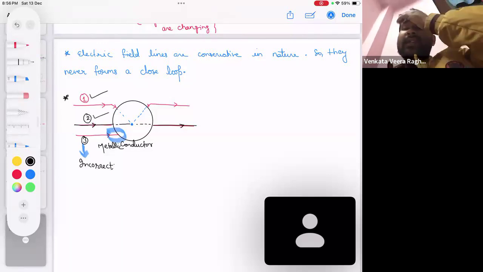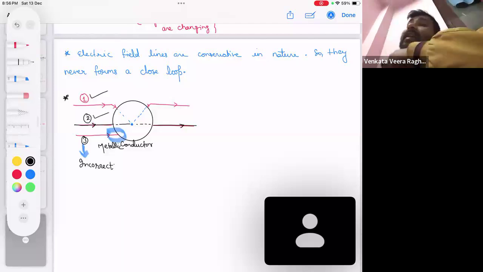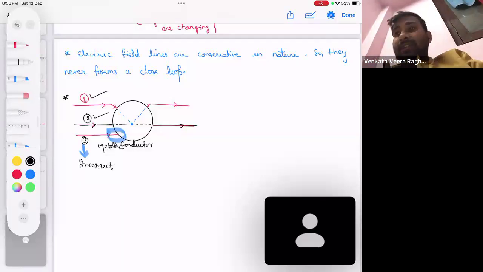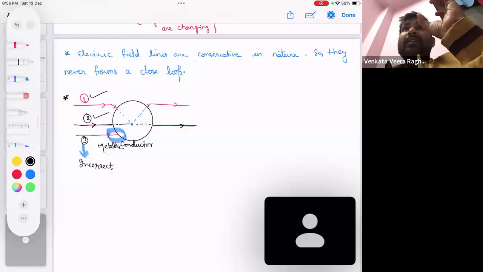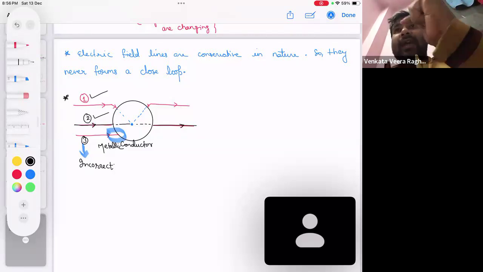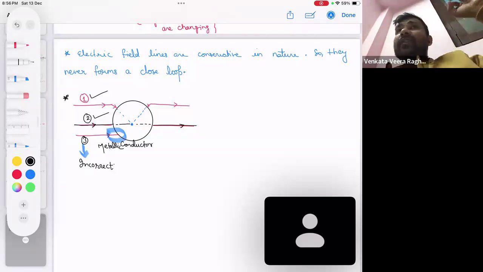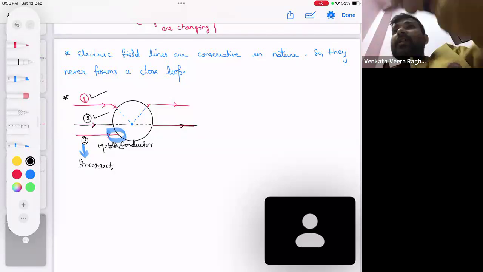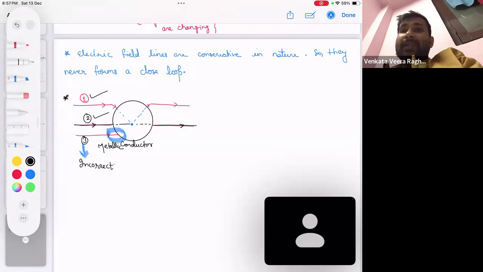So electric field lines near a conductor are always perpendicular to the surface of the conductor. If a conductor is kept in an electric field, the lines will terminate on the conductor perpendicularly and again emanate from the conductor perpendicularly.